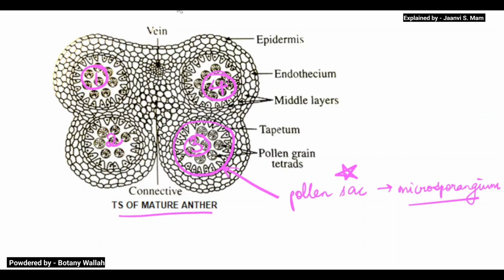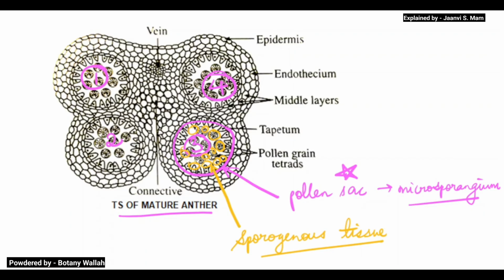These pollen sacs first of all consist of sporogenous tissue. And from this sporogenous tissue, there will be formation of microspores.